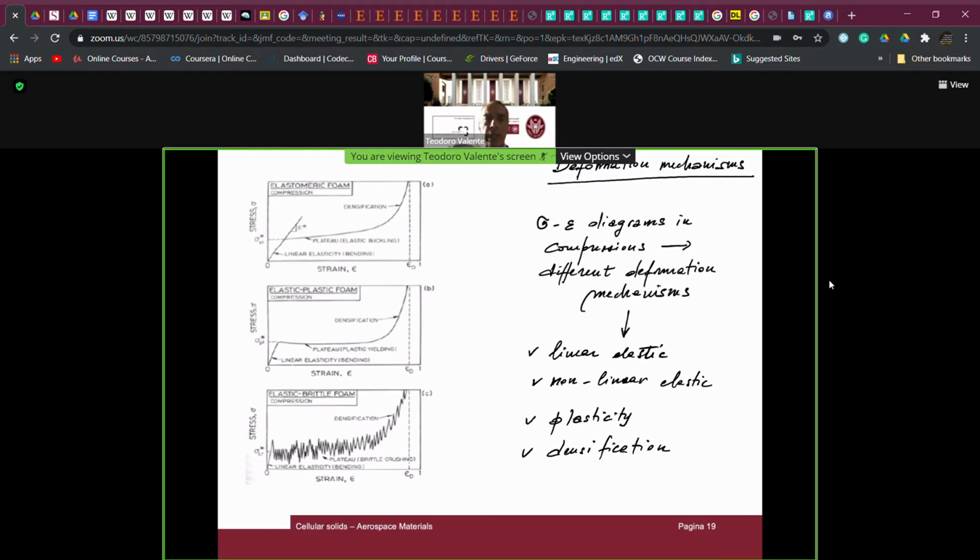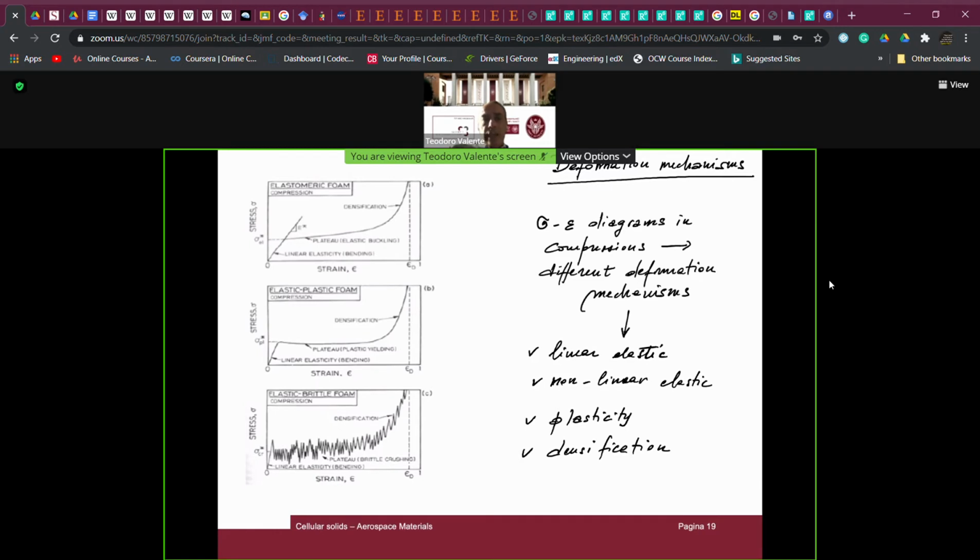Then, when we apply a stress which is higher than a critical stress, sigma EL, that means elastic, we enter a field of very broad deformation in compression of the material itself, which is related, as we will see later, to the possibility of having a sort of elastic instability, what we call buckling of the material itself.